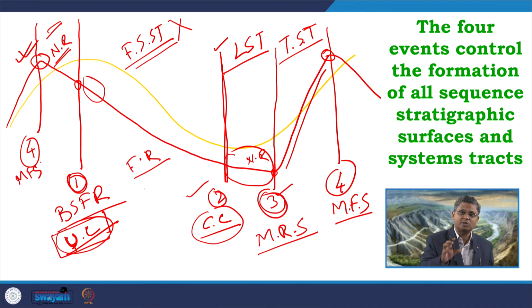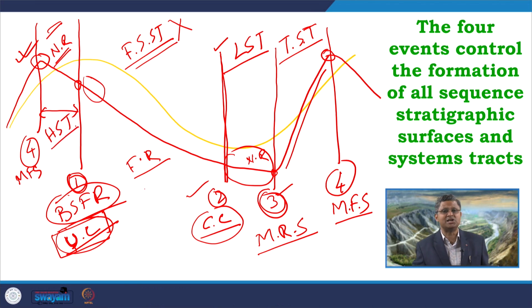So, the package of strata between MFS and this BSFR or unconformity is commonly identified as another package of strata formed over there, which is called another systems tract named as high stand systems tract or HST. So, commonly we get this cycle repeating again and again. So, what can we get over here?